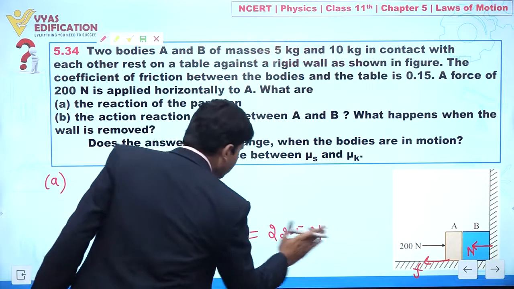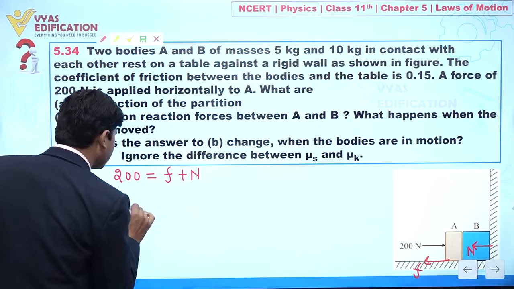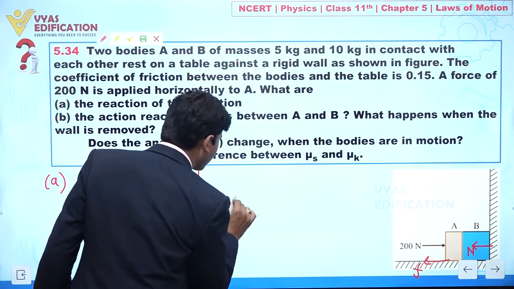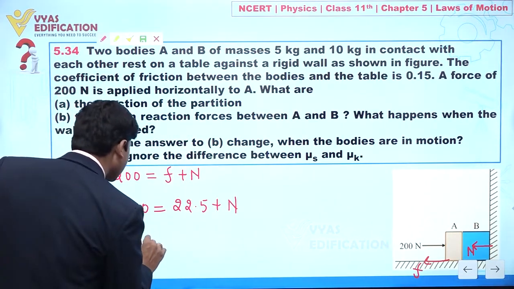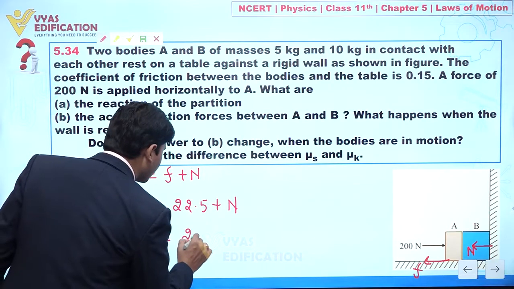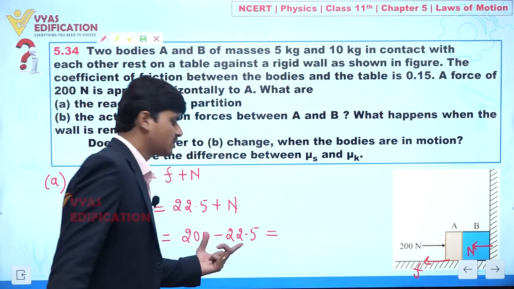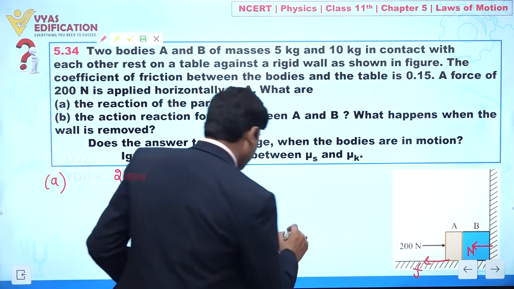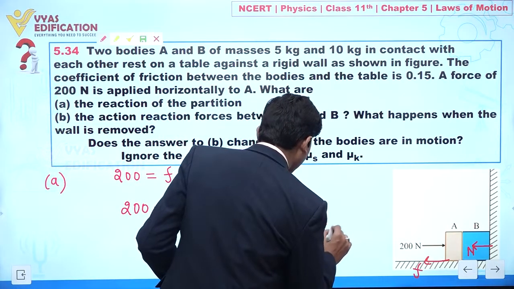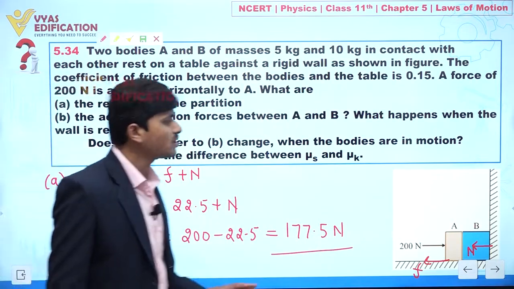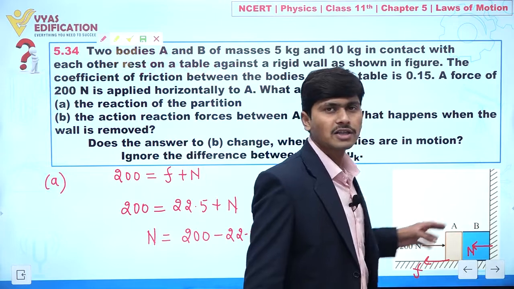Friction force is 22.5, so 200 equals 22.5 plus normal reaction. So the normal reaction is 200 minus 22.5, which is equal to 177.5 Newton. This is the normal force exerted by the rigid wall on the blocks.